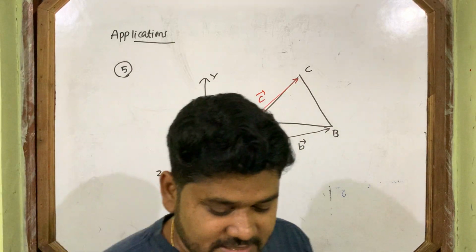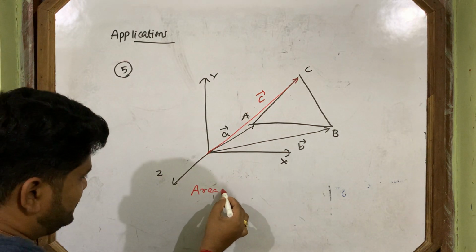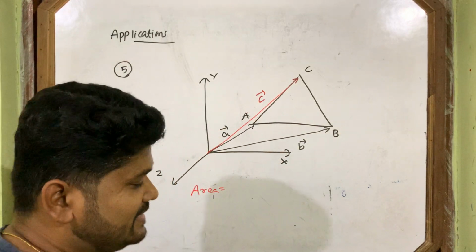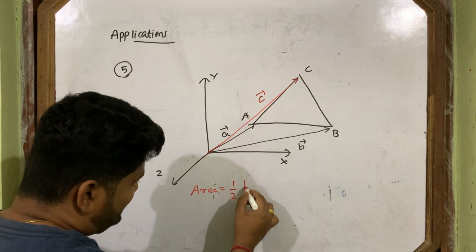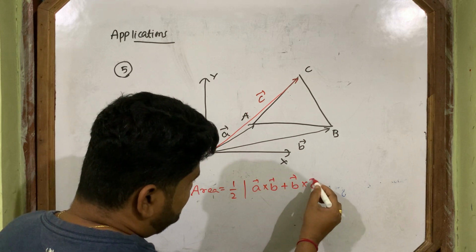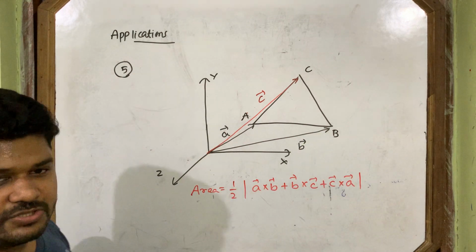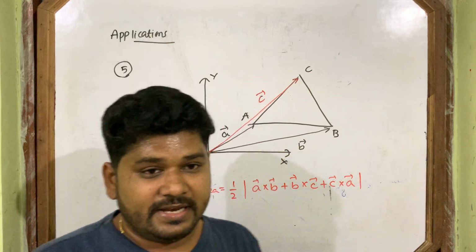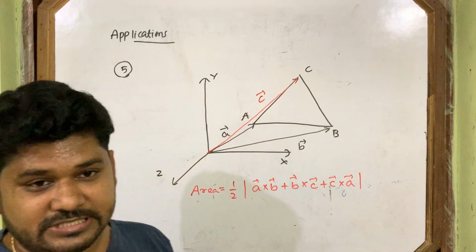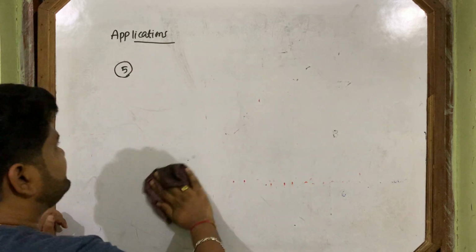If the position vector is like this, then what is the area of this triangle? This is half A cross B plus B cross C plus C cross A whole mod. So this is the formula of area of this triangle. You remember this formula to solve the questions. So this is about application number 5.